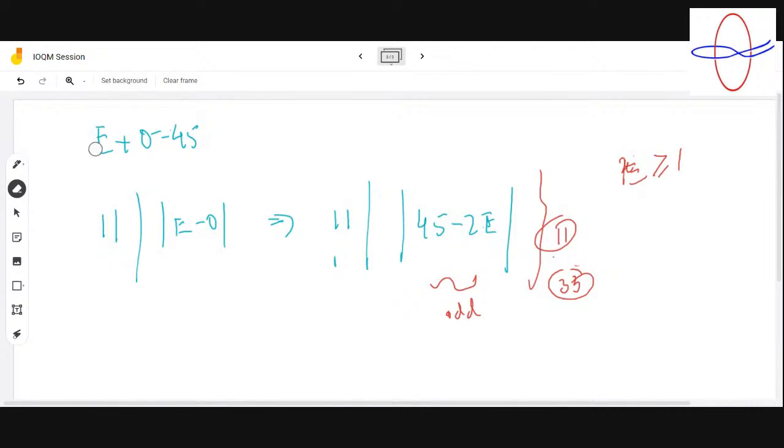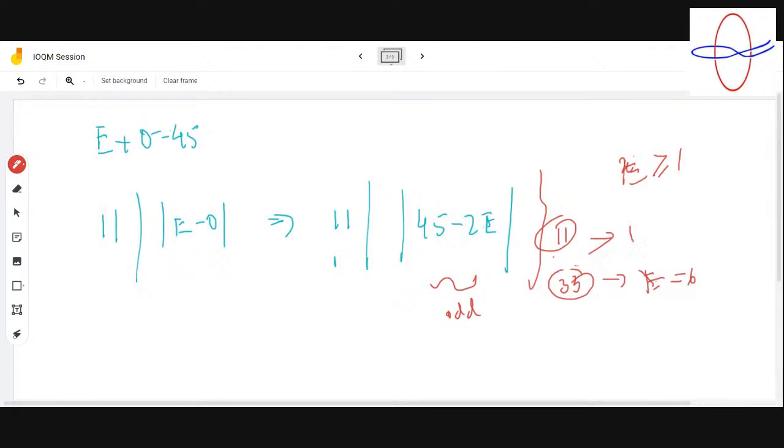If it's equal to 11, then what must E be? And for 33, if it's 33, this must be 6, E must be equal to 6.